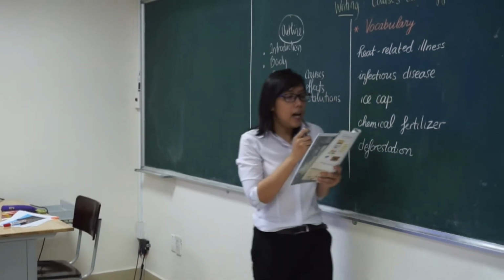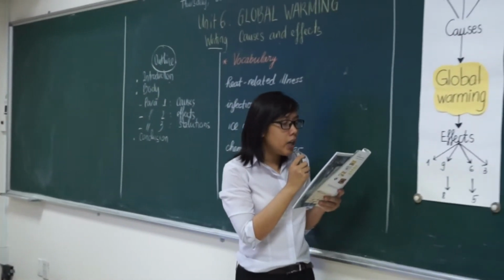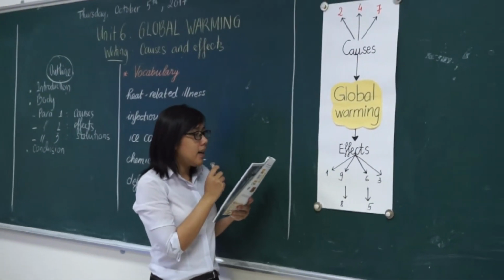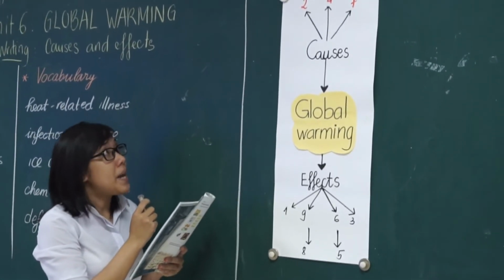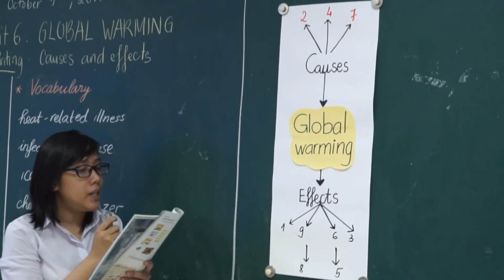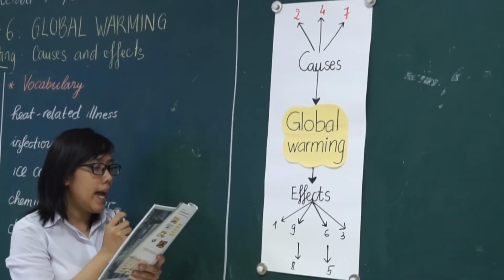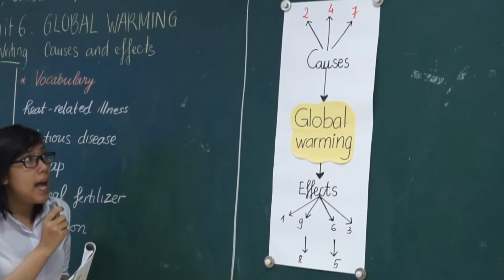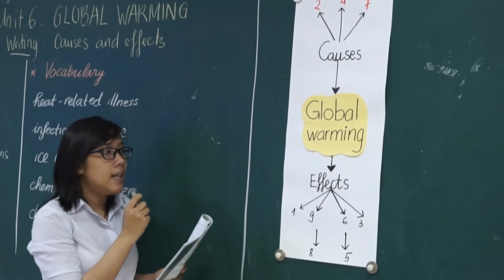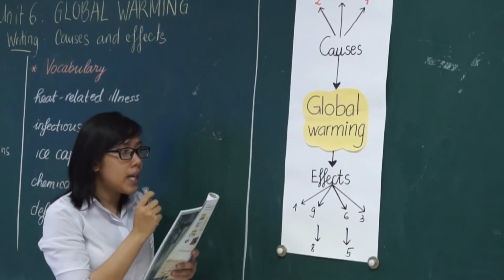No? Okay. Now look at the causes. Global warming is caused by carbon dioxide emission, number 2, and deforestation, number 4, and number 7, the increasing use of chemical fertilizers. And these causes have led to severe effects.